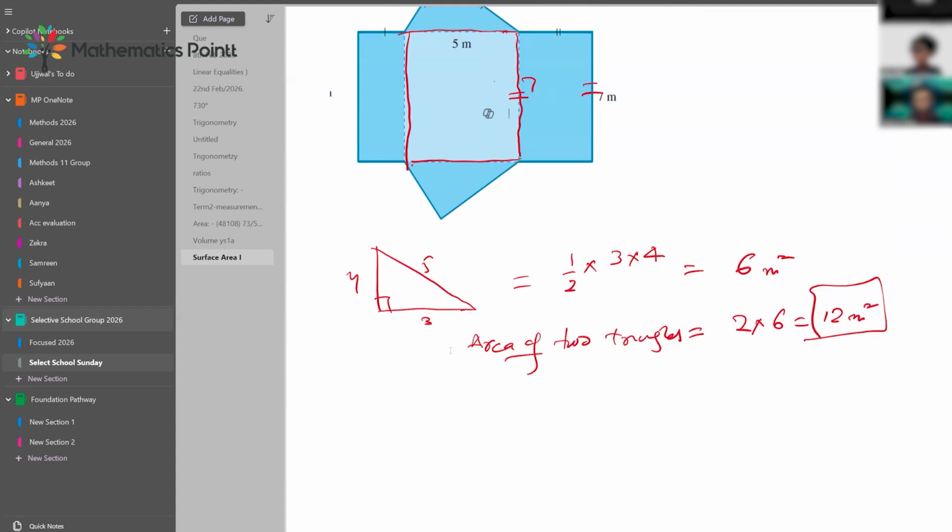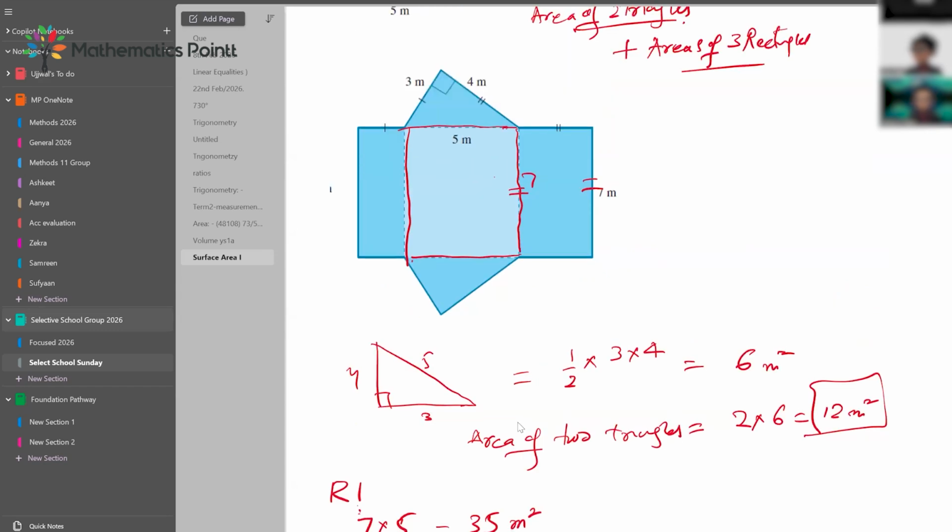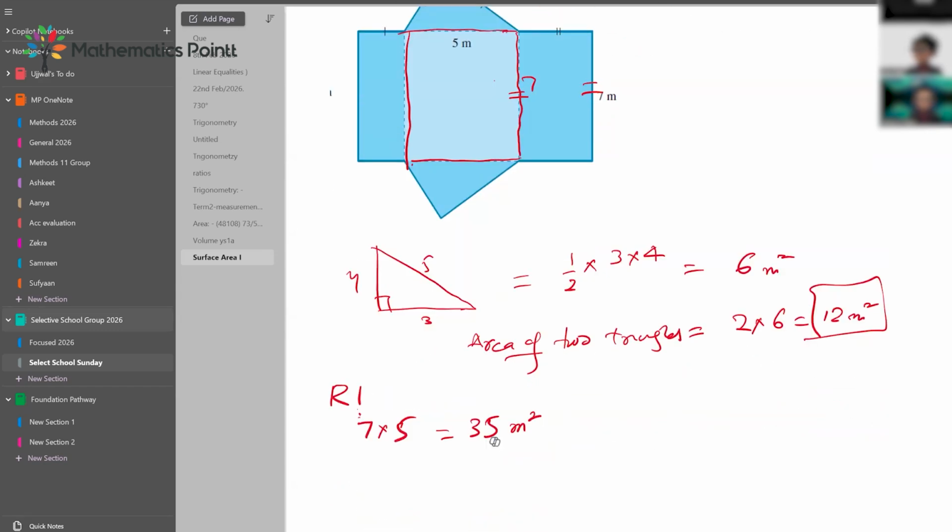So the red rectangle is length times width, 7 times 5. I'll call it rectangle 1, R1, which is 35 meters square. Let's pick up the second rectangle. I'll change maybe the color. Is this bit.